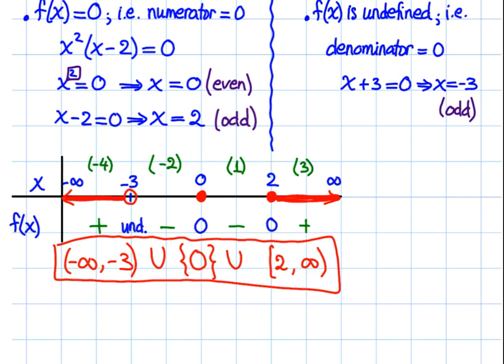It will go from positive to negative because this is an odd multiplicity, so the sign will change. This is also an odd multiplicity, so the sign will change from negative to positive. When x equals 0, that is an even multiplicity. The sign does not change, so the negatives stay negative. So that's just a little note I want to mention.